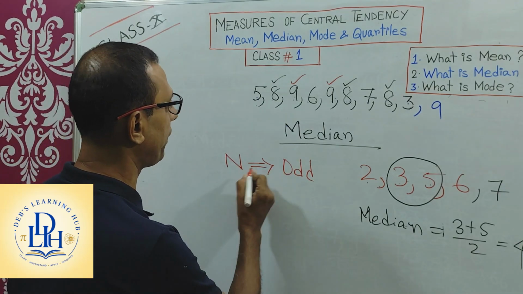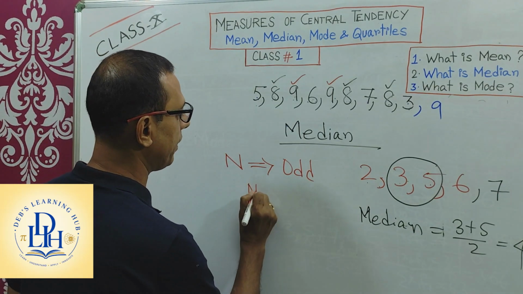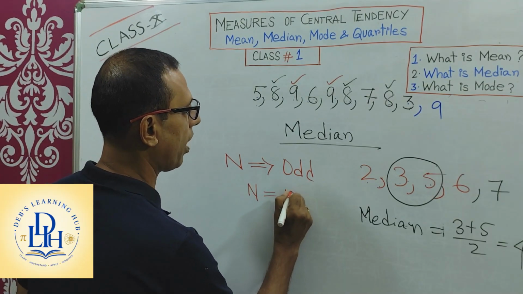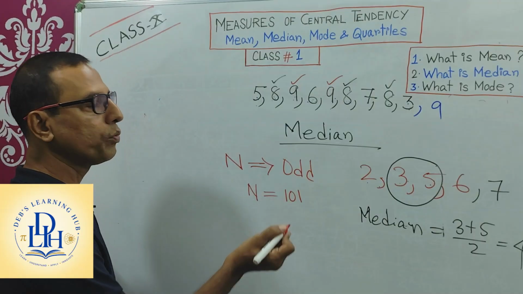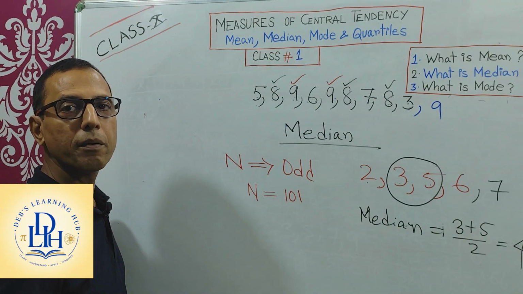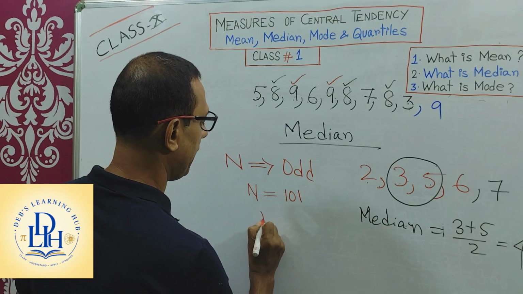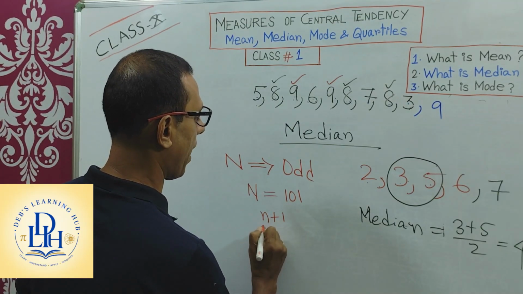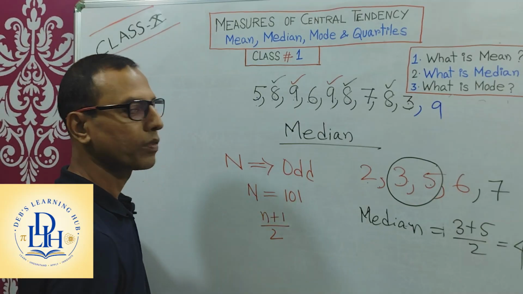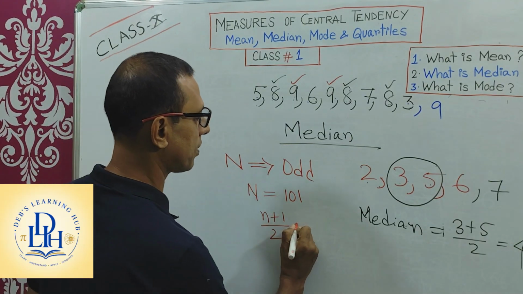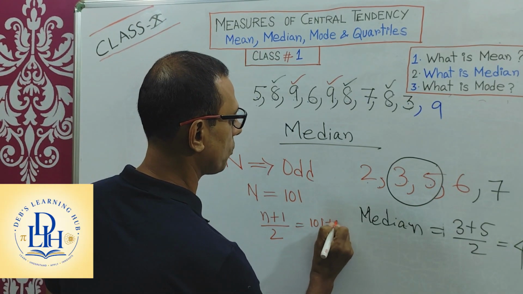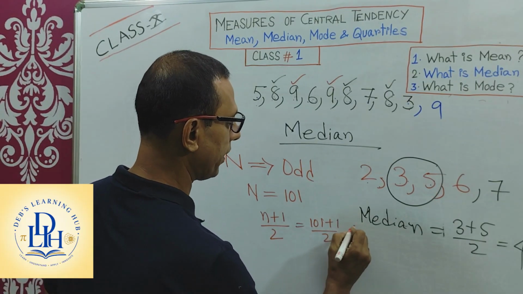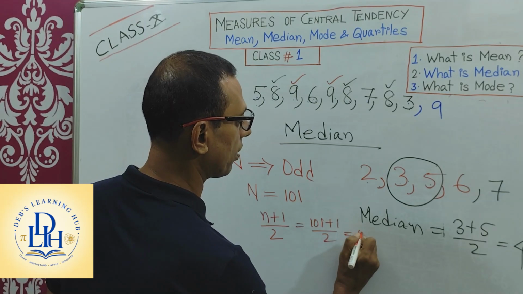So what is the position? If n is odd, let's say n equals 101, which one will be the middle term? That means n plus 1 by 2. 101 plus 1 by 2, that is 102 by 2, that is 51.